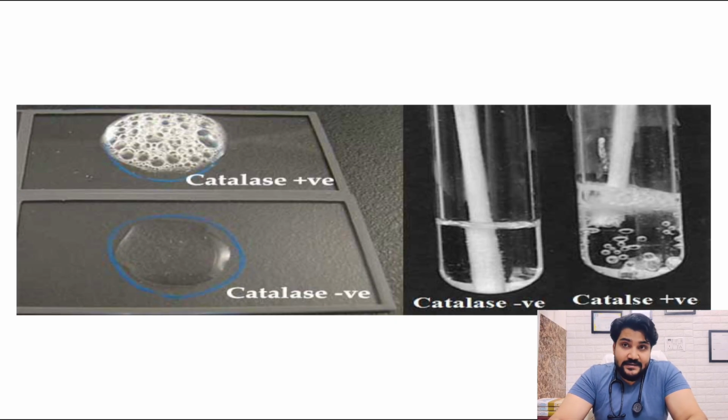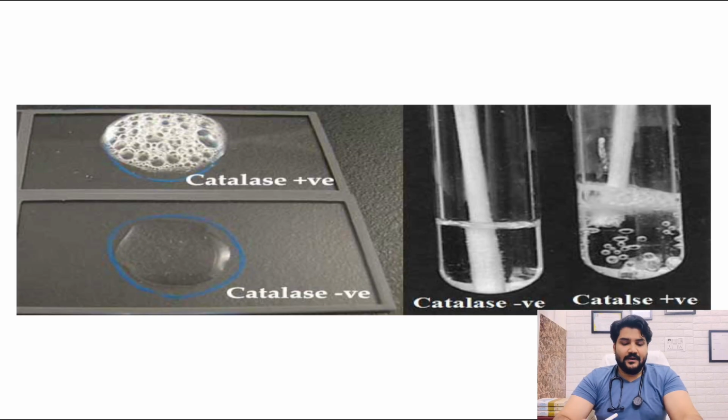You put a drop of H2O2 on the glass slide, and with the help of a glass cover, you take a pinch of the colony and put it in. If it produces bubble-like structures, this shows that it is catalase positive, meaning we are going toward Staphylococcus species, and we are differentiating from the other gram positive cocci like Streptococcus pneumoniae, Streptococcus pyogenes, viridans streptococci, all these things.